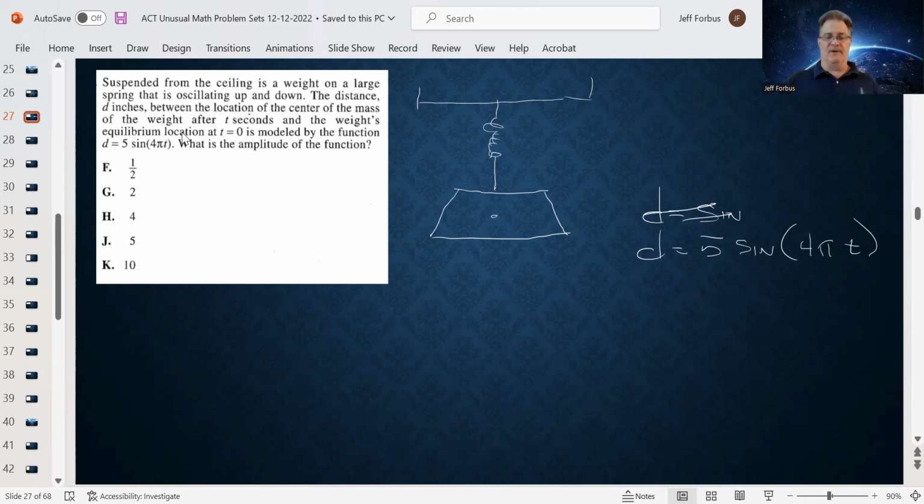Well, let's say you don't know anything about the sine. From this perspective, default back to the parent function of the sine. So, y is equal to the sine of theta. What does the sine wave parent function look like?